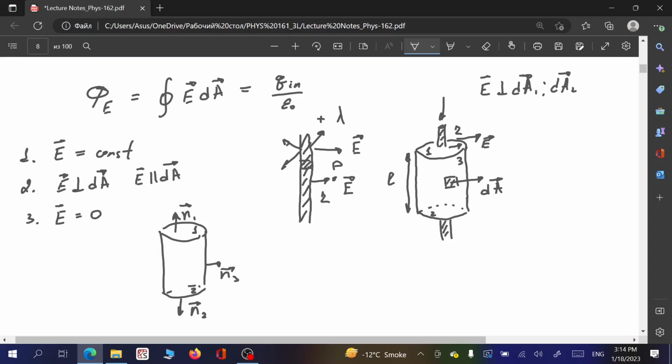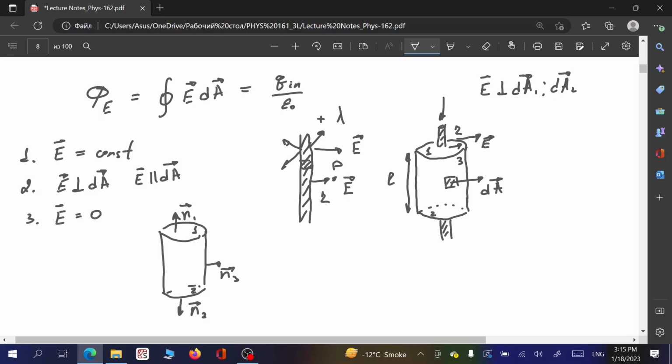The direction of the dA1 vector is the area of the surface element multiplied by the unit normal vector, so the direction will be the same. So the dA1 vector will go up and the electric field vector will go at a right angle to it. That's why they are perpendicular, and the electric field flux through this surface element will be equal to 0.